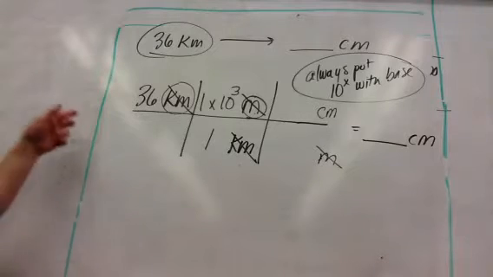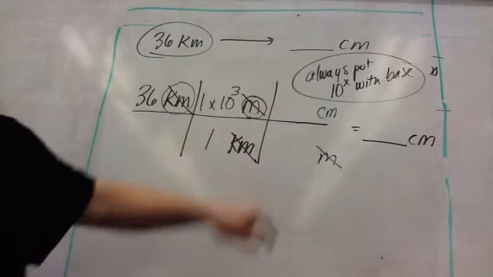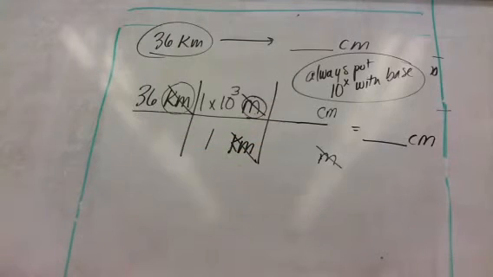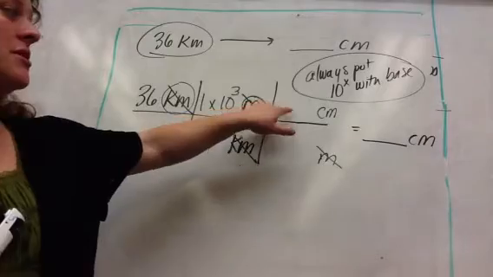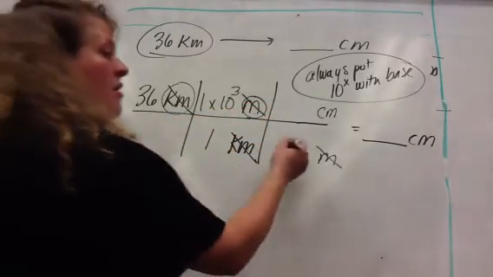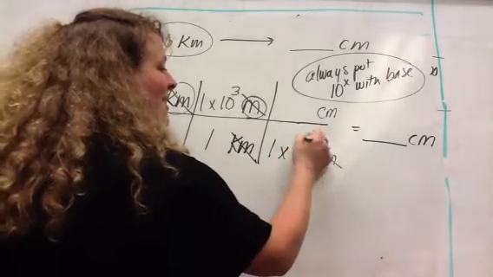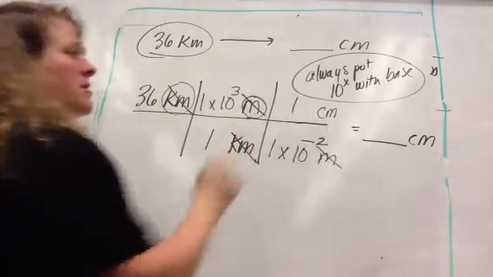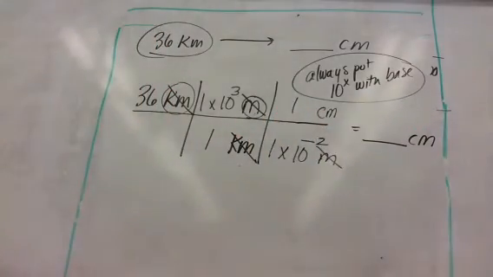Okay. Well, that one was easy. What about this next one, centimeters and meters? What's the relationship? There are 100 centimeters in a meter, but we're not going to put 100 centimeters in 1 meter. We're going to say 1 times 10 to the negative second meters equals 1 centimeter.